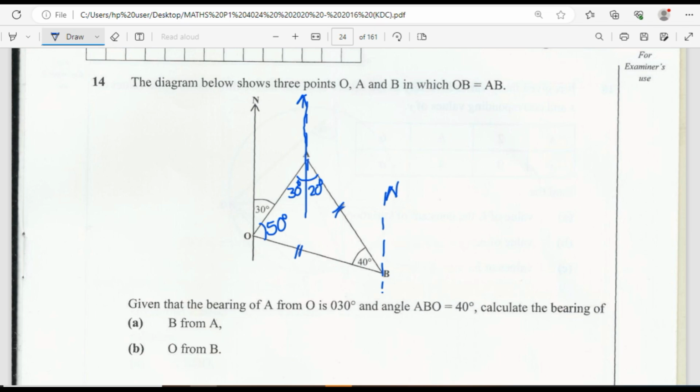Now let's look at the first question. B from A. So what is our B from A?